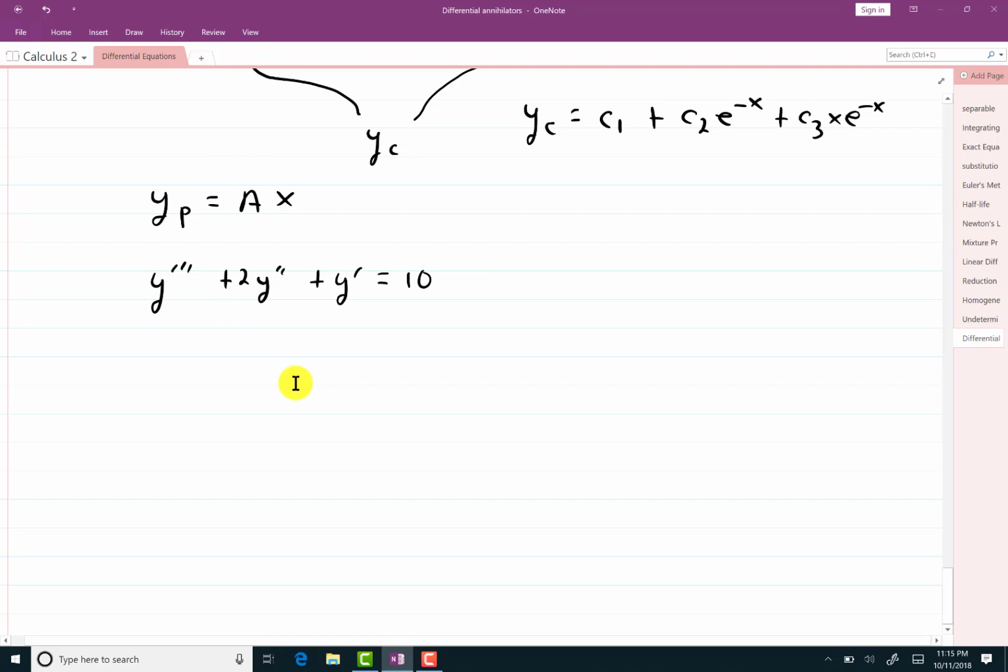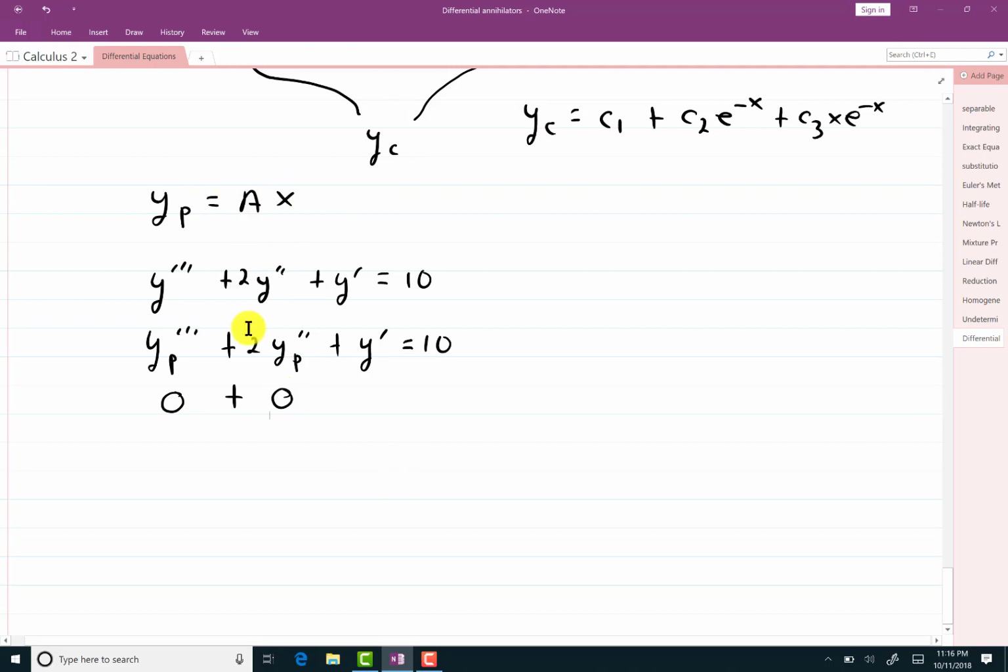Now, when we're done, I want to do this problem in a much different way, but let's go ahead and throw it in here then. When I throw Ax in here, so my y sub p triple prime plus 2y sub p double prime plus y prime equals 10, then if I take the third derivative of Ax, it's going to be 0. If I take the second derivative of Ax, it'll be 0.